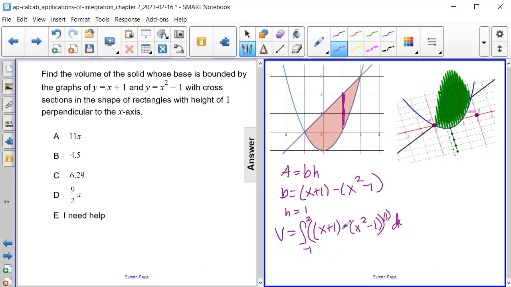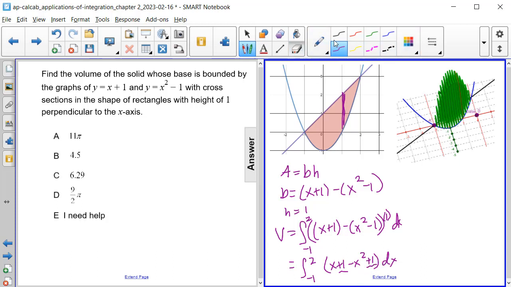Okay, so if we were to simplify what is inside of the parentheses, we're going to have the integral from negative 1 to 2 of x plus 1 minus x squared plus 1 dx. We can combine these two terms together.